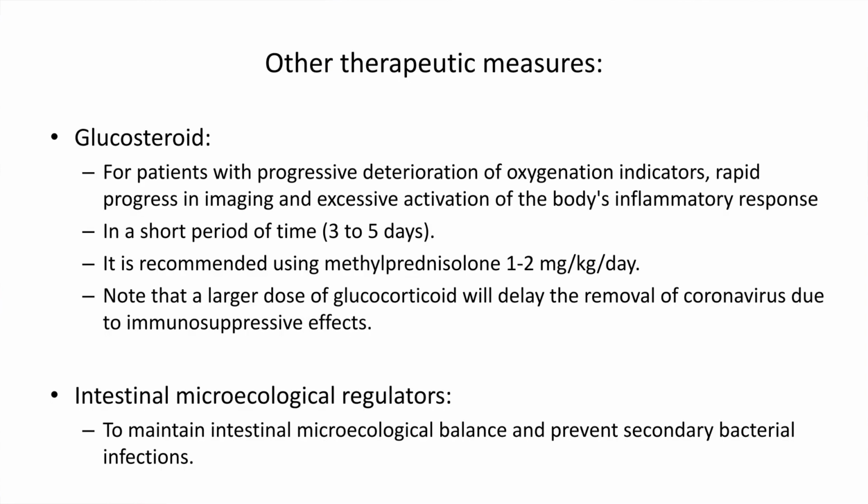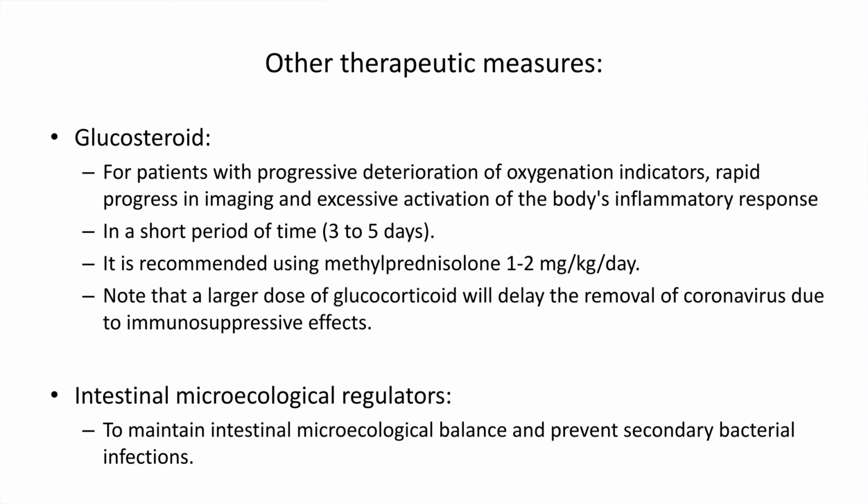For steroids, we restrict their use, but in some patients with rapid progression, we can try to use steroids for 3 to 5 days with not very high dosage. There's another treatment, including intestinal microbiological regulators, that can prevent secondary bacterial infection.